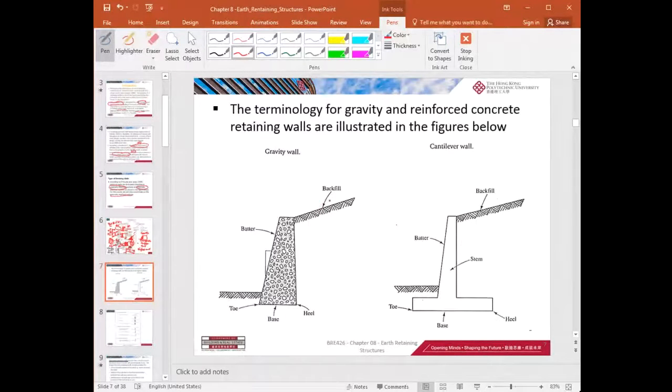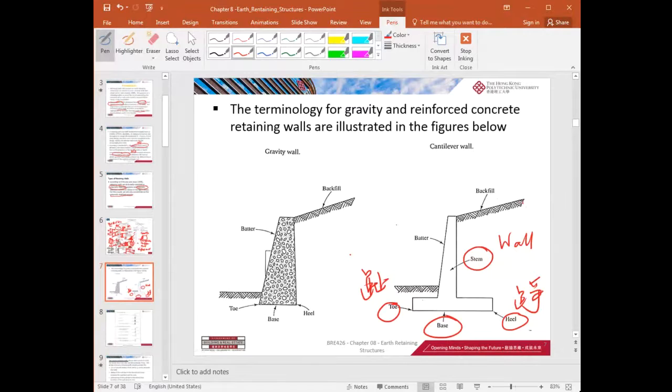Okay, now you have several terminologies. There's the wall stem. It's a retaining wall. You've got a stem, and that's the base. Here's the toe, and that's the heel. The toe and heel, and then you have the stem.